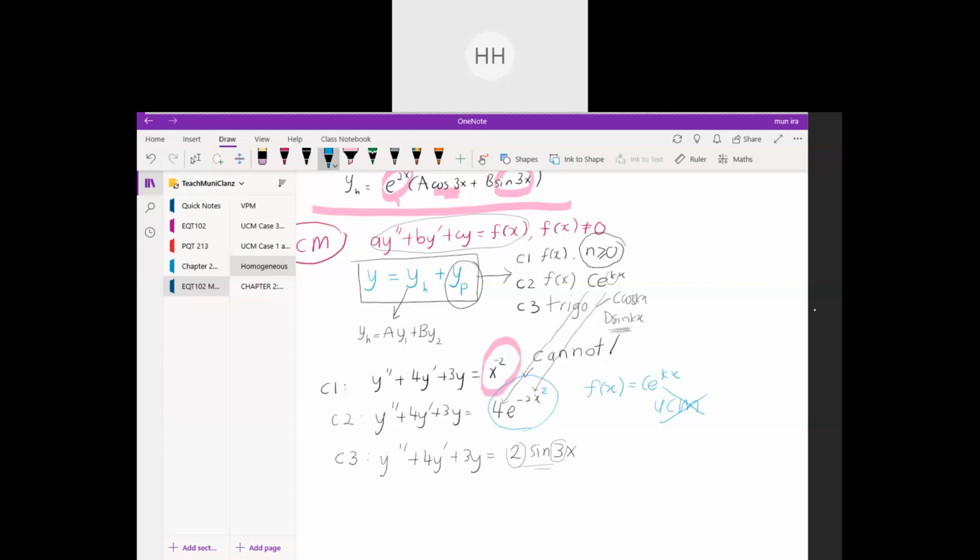Let's say if you have your f(x) equals to 2 sine, I change, 2 cotangent 3x.